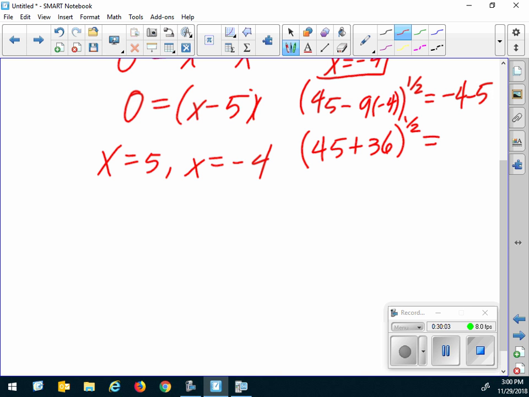Equals -9, good. Because that's 81 to the 1/2 power. Square root of 81? 9, not negative 9? Nope. No, you cannot always assume it because sometimes it does work. So, answer?